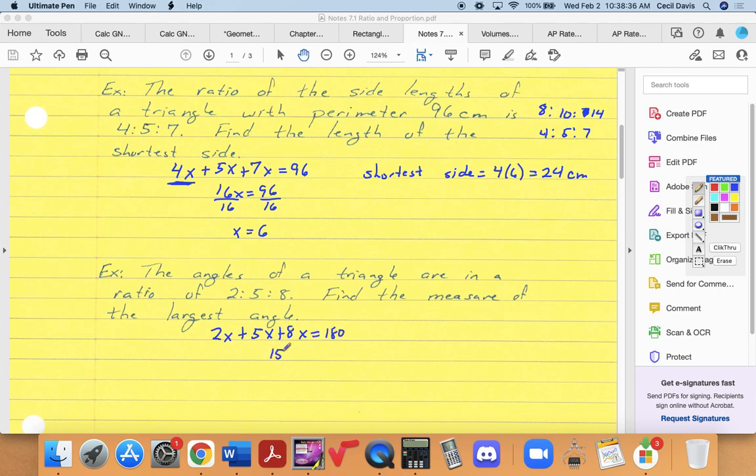So that'll be 15x is 180. Dividing, we get that x is 12. So then the largest angle is going to be 8 times 12, which is 96 degrees.